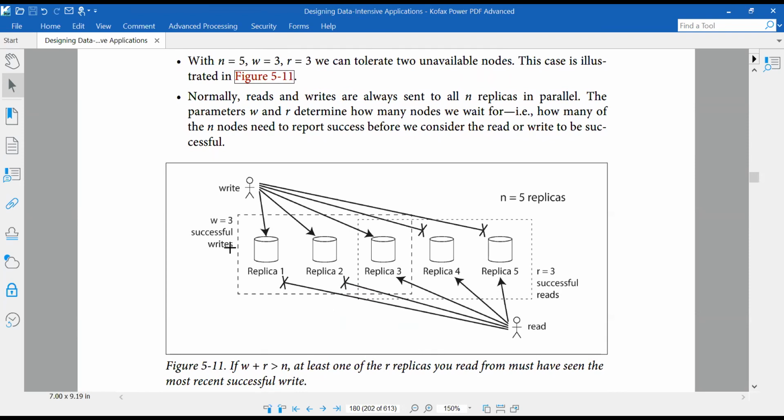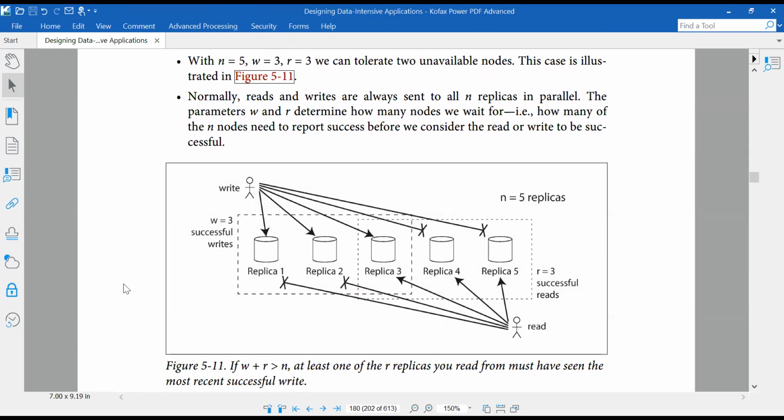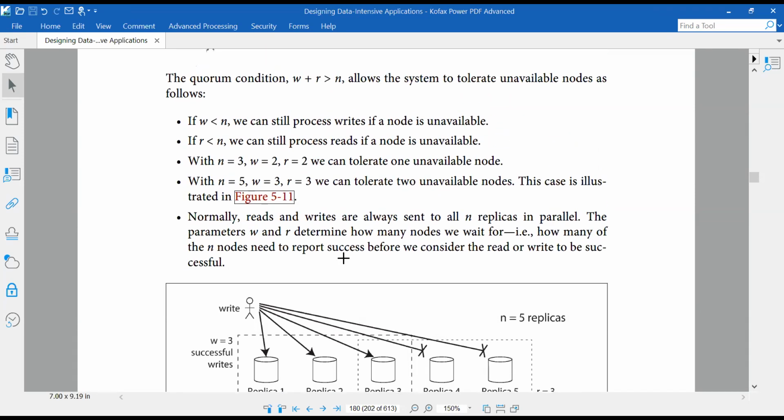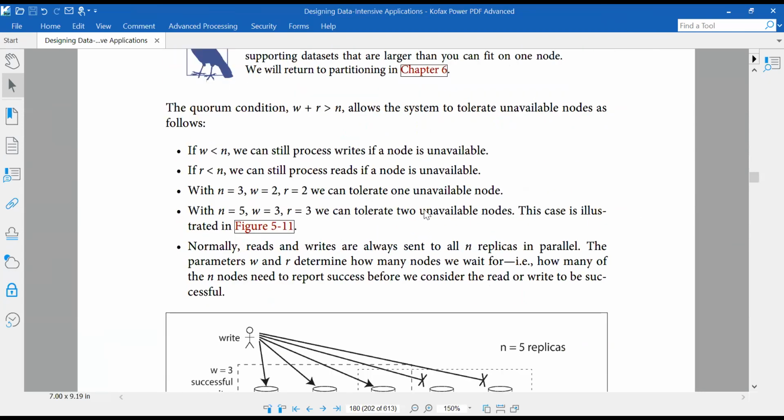That means we can live with 2 nodes being down because we need at least 3 to be successful. So out of 3, if 2 are down, at least 1 can report success. So that's W plus R greater than N.